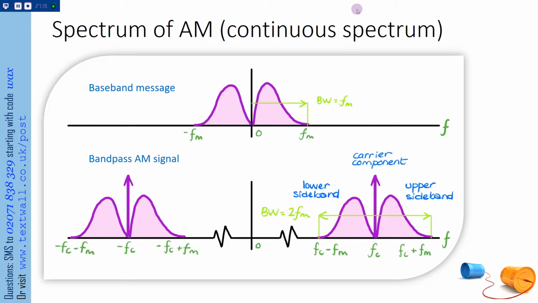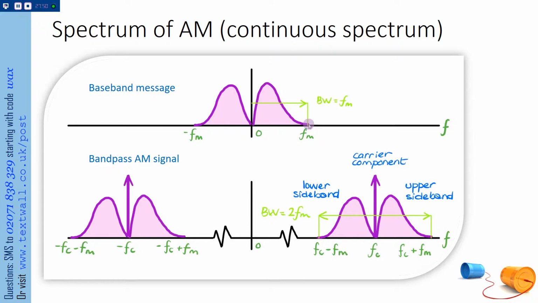Now, if my signal isn't a sine wave, if my signal has an arbitrary spectrum, a continuous spectrum that looks like that, it could look any shape you like, but I've just drawn an arbitrary spectrum, band limited to FM hertz. So what's the bandwidth of my signal? FM, because we take from 0 all the way to the highest frequency component.